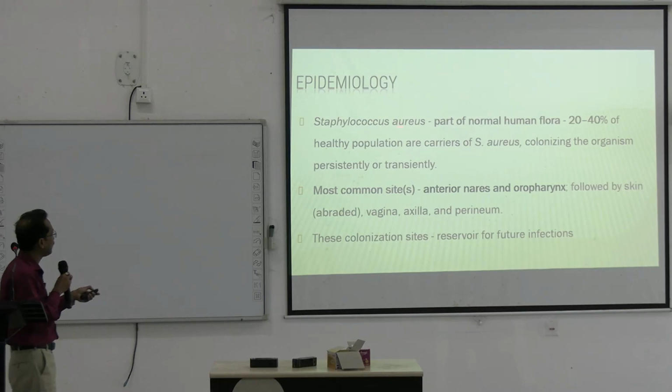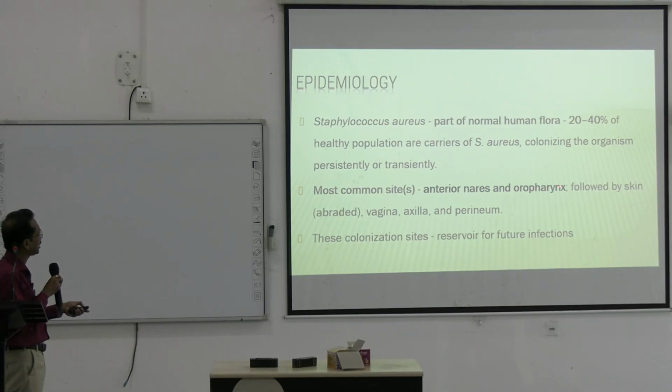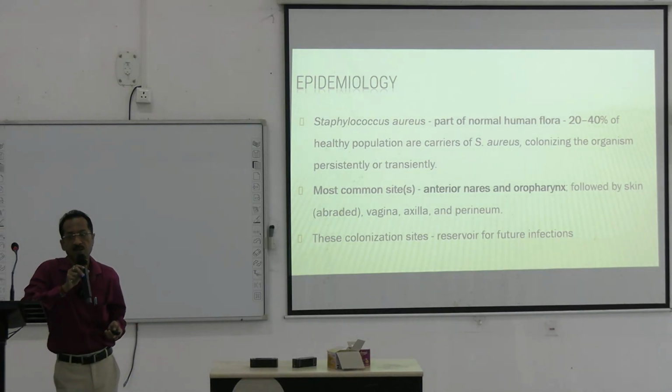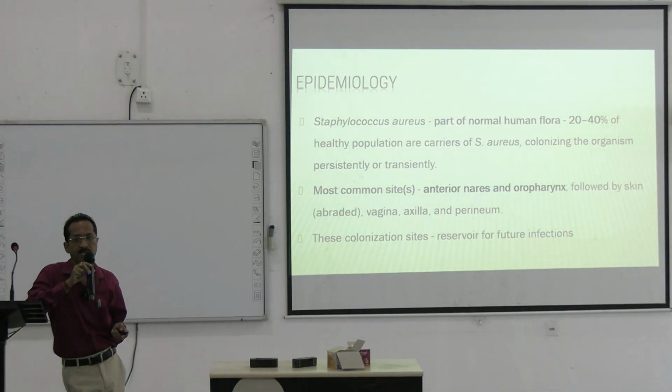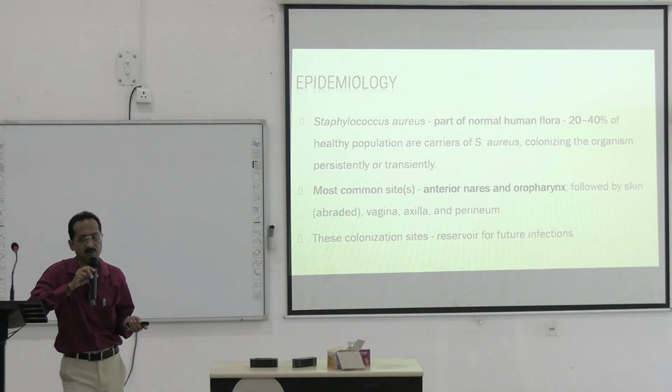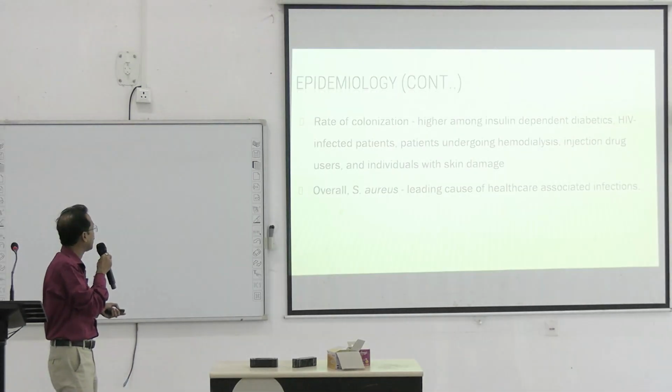I was mentioning the most common site of colonization is the anterior nares and oropharynx. So there are many studies of healthcare workers taking swab from the anterior nares to exclude Staphylococcus aureus or methicillin resistant Staphylococcus aureus infection.